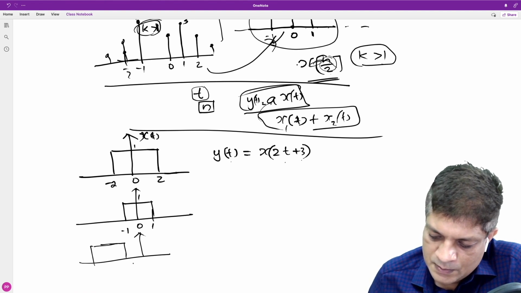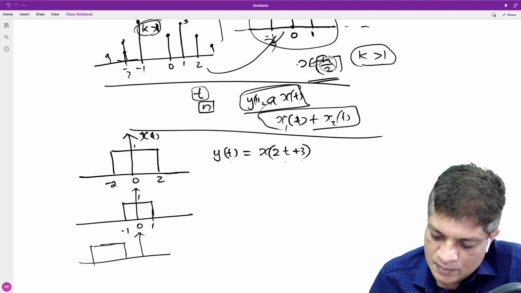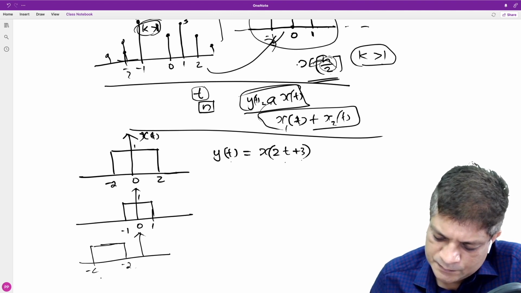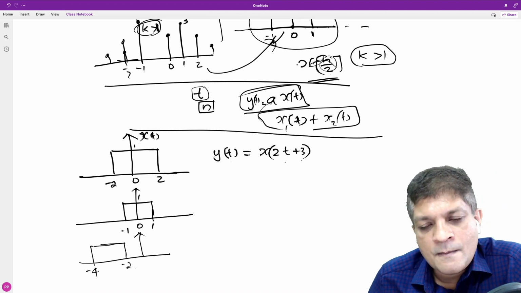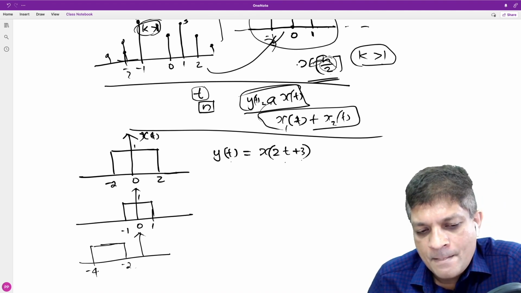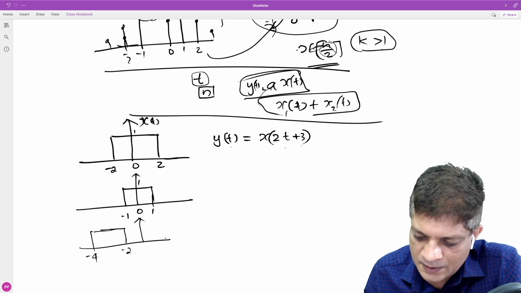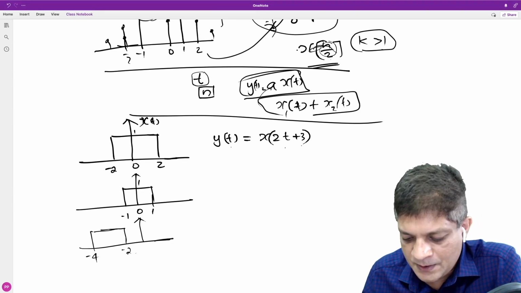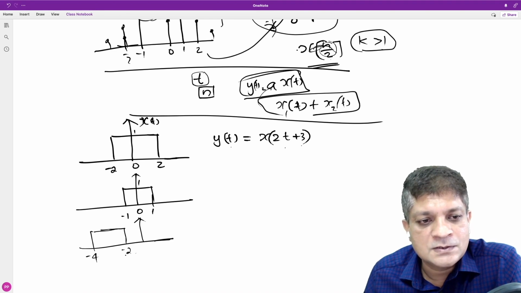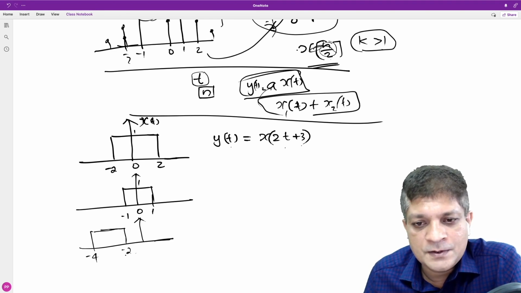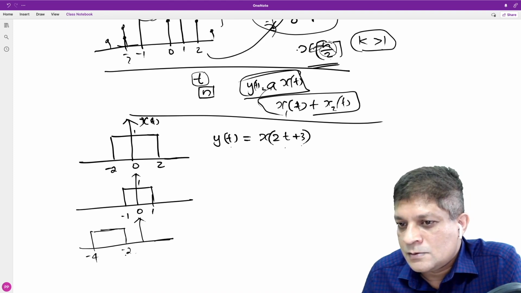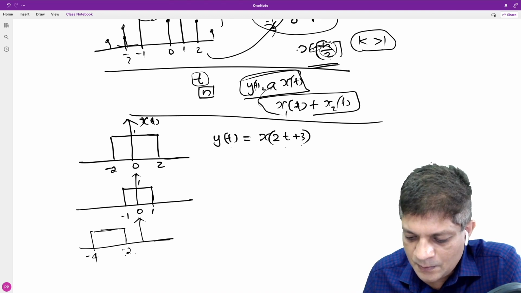So where will that be? This will be minus 2. Is it this? Minus 0.5, minus 2. So is it correct? Shift left by 3. Is this the signal? Yes or no? No. Then okay.